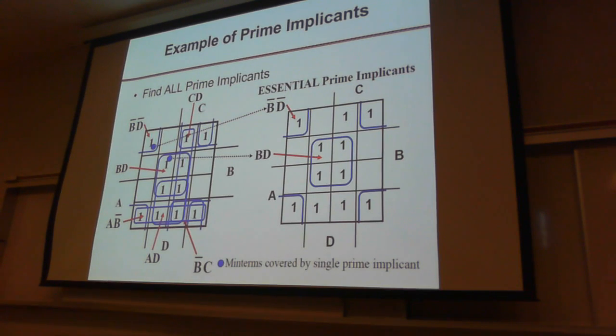Well, actually, prime implicant covers one or more. Oh, the essential. What's the essential? What differentiates the essential from just a regular everyday prime implicant? Yes? It covers a square on the K-map that's not covered by any other implicants.